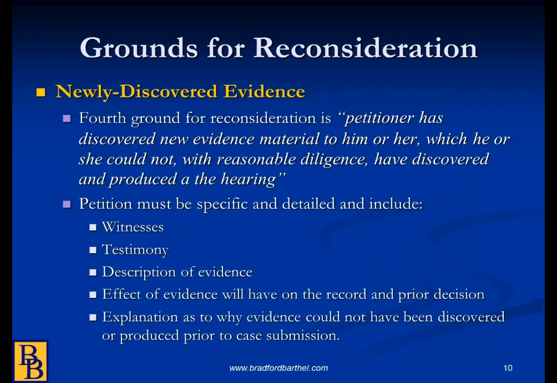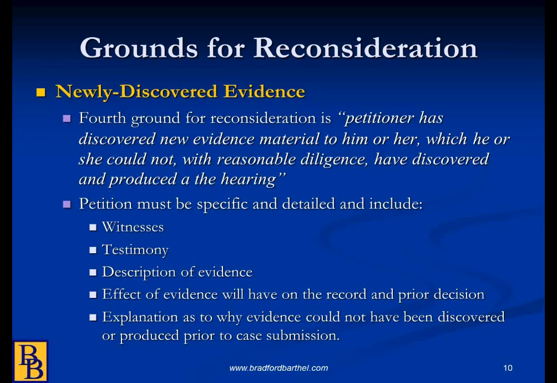And one other ground for reconsideration is the discovery of new evidence. According to Section 5950, the petitioner has discovered new evidence material to him or her, which he or she could not, with reasonable diligence, have discovered and produced at the hearing. And so that's the standard. This is the one exception I mentioned previously to the exhibits prohibition.